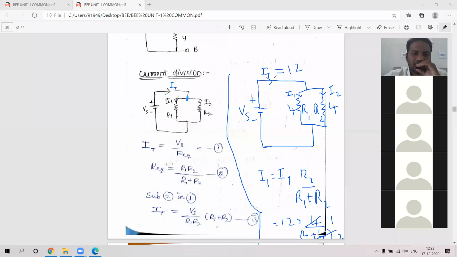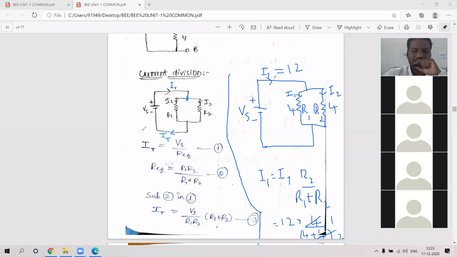So the current divides into I1 and I2, and again comes back as I total. The current circulates in the circuit as long as the supply is there. I total will be flowing based upon the resistor's value. If the resistance changes, the current also changes in the circuit.